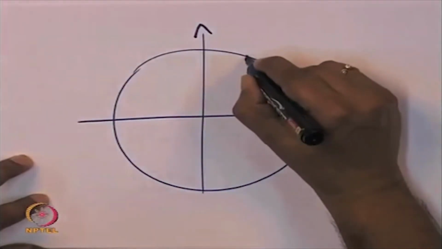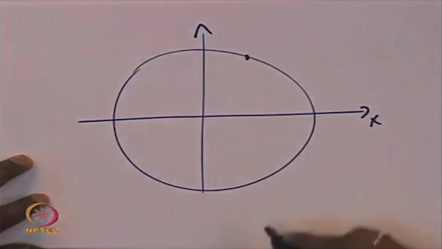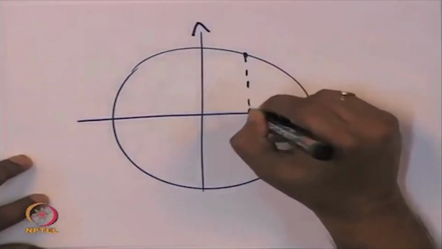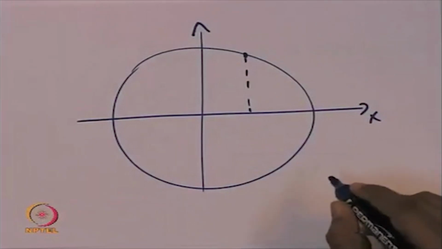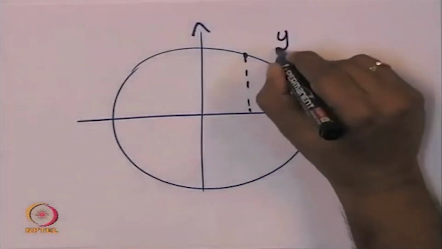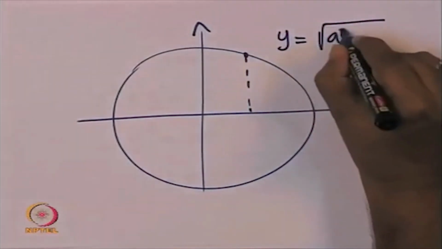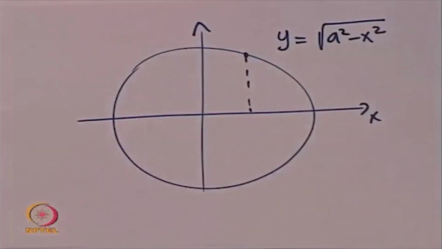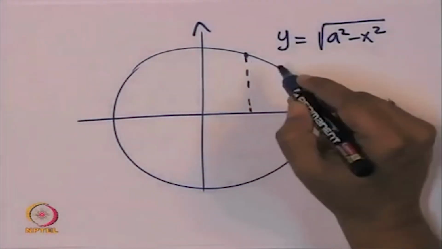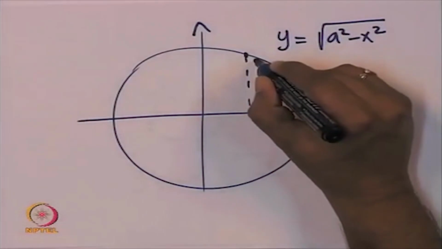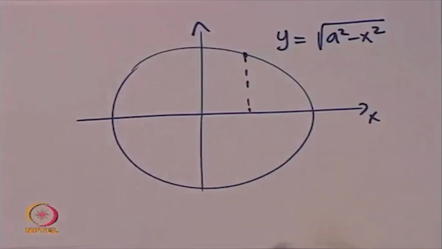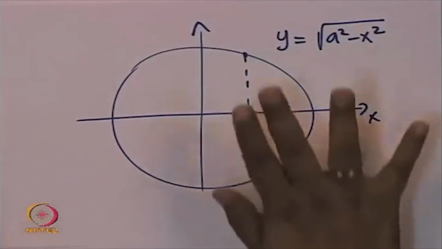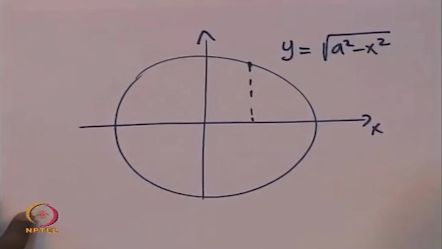Any point here will have a y value given by root of a square minus x square. So, at this value of x, you will have this particular y value, and at some other value of x, some other y value. Now, we want to calculate the area of this circle and show that it is nothing but the integral of this function. So, how do you calculate area?